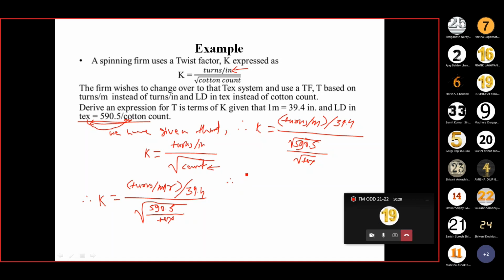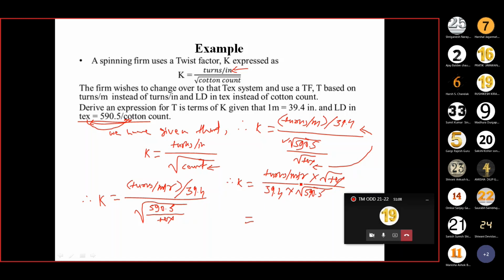If I solve further, K is equal to turns per meter; this division will go to the denominator, 39.4 is already at the denominator, square root of 590.5, and this division will go to the upper side as per the mathematical rules, so square root of X.